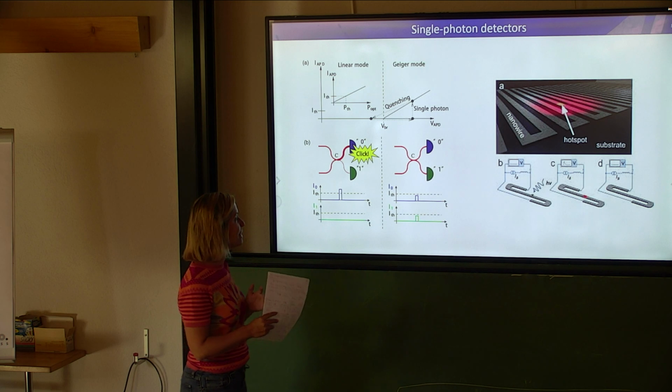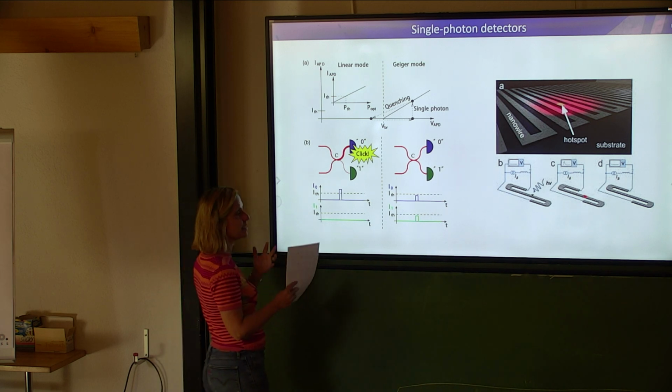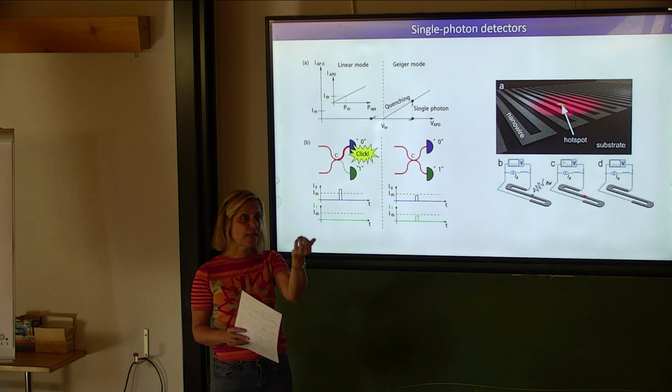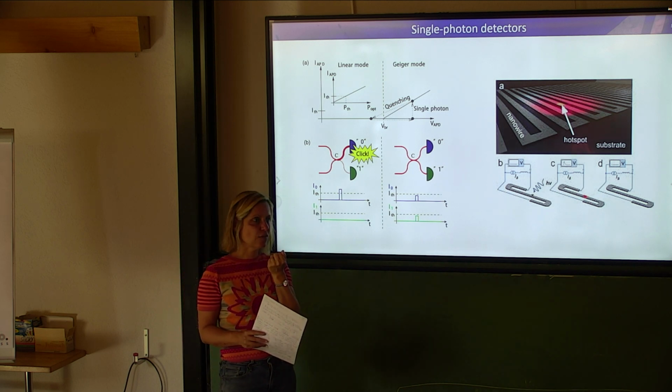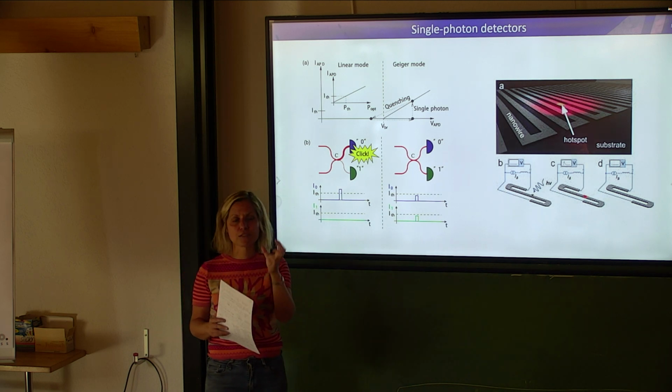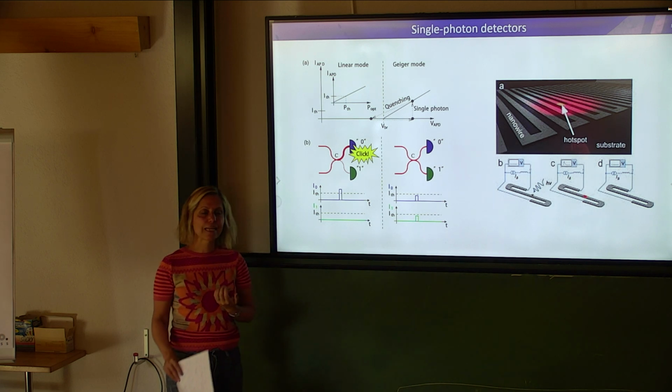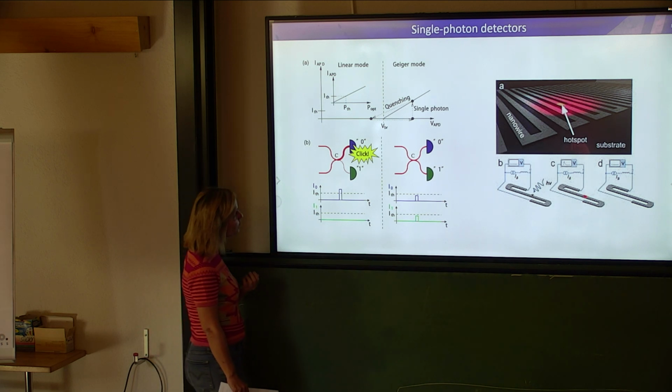We call this a dead time of the device, and this is important because it determines over which time window you're not going to be able to receive another single photon. Your detector is not responsive in this period, so it limits the rate at which you can detect single photons.